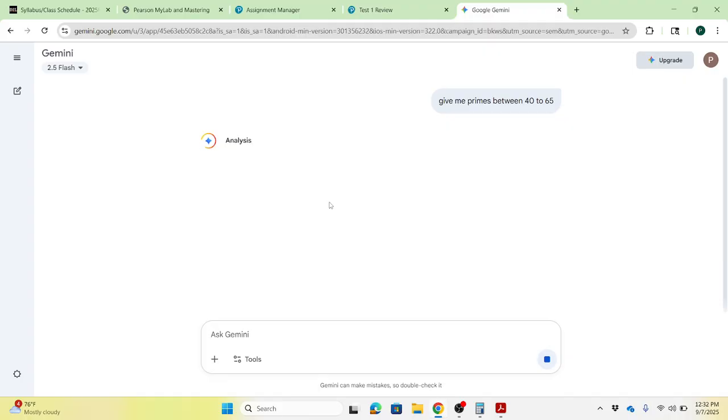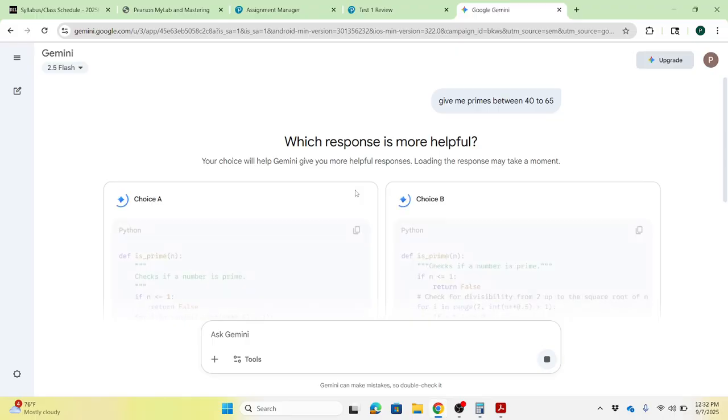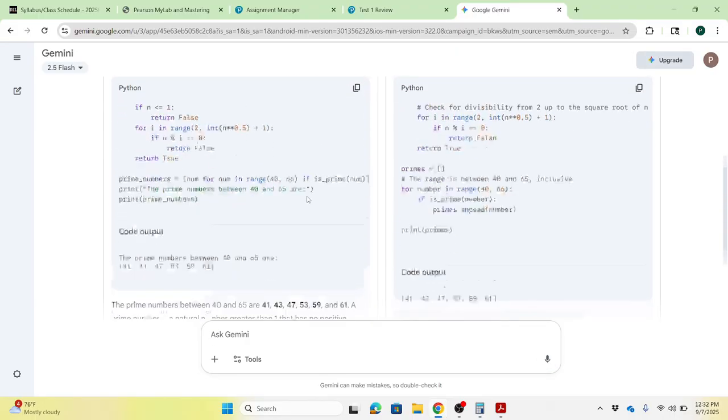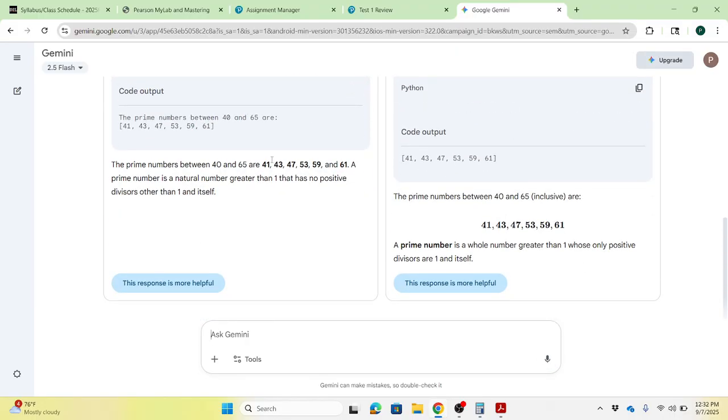So the possible answer, because it's a middle-aged man, could be 41, 43, 47, 53, 59, and 61. So these are the options. When we solve this type of problem, we always have to look at the options.